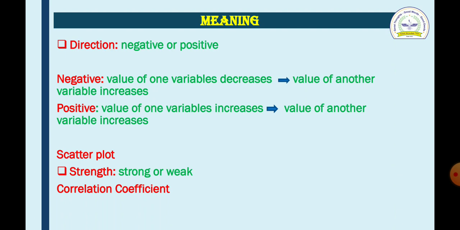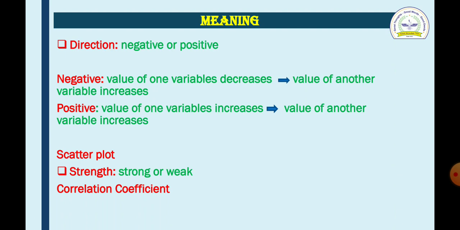A positive correlation between two variables means if the value of one variable increases, then the value of the other variable also increases. We can take the example of income and expenditure, or price and quantity supplied. So two variables are positively related with each other. We can visualize this direction of the association with the help of a scatter plot.